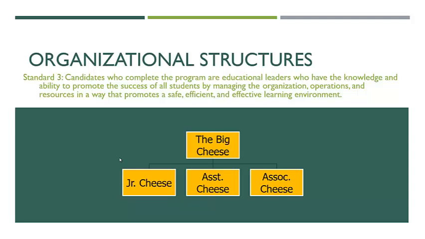So we're going to talk about bureaucracy. We're going to talk about how organization structure has changed. We're going to get into a little bit of theory in this, but you need to understand how organizations work.